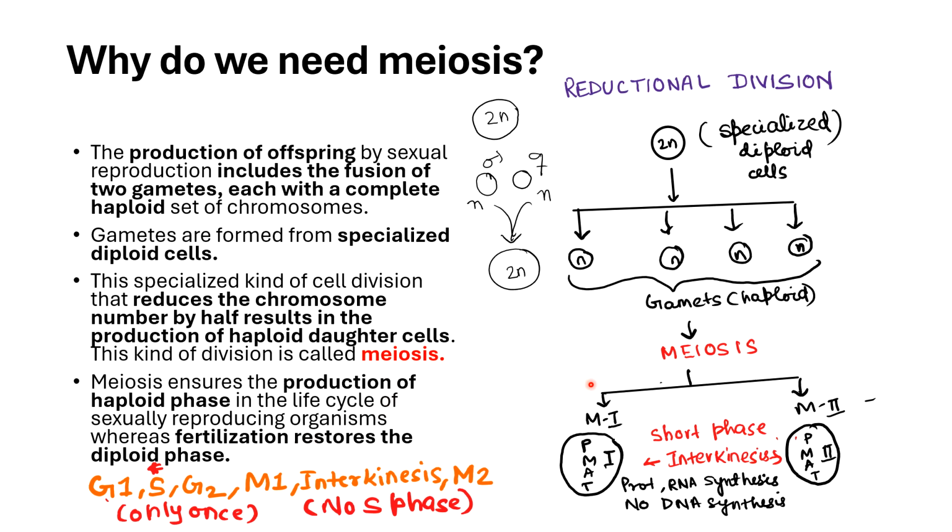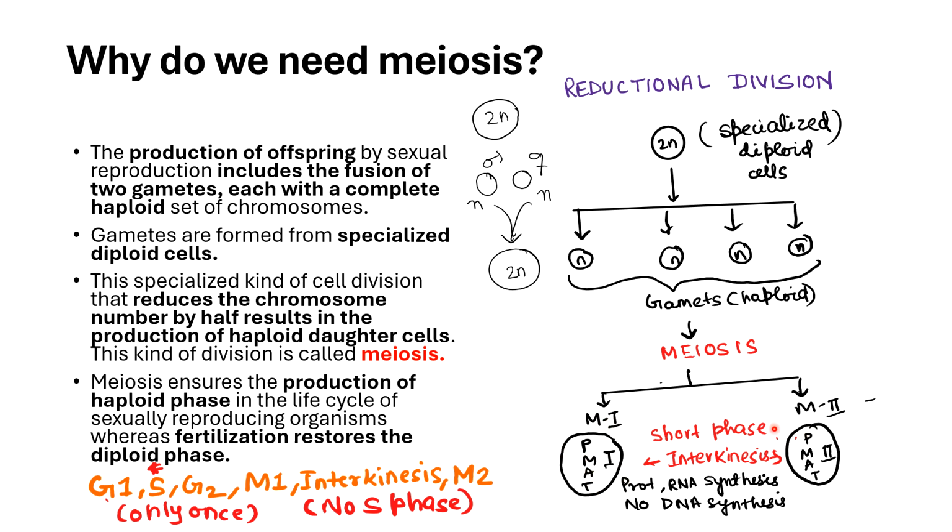Is that clear? Now, if we compare the stages of meiosis with those of mitosis, meiosis stages are a little more complex. Meiosis typically has meiosis part 1 and meiosis part 2. Both part 1 and part 2 have their own prophase, metaphase, anaphase, and telophase.